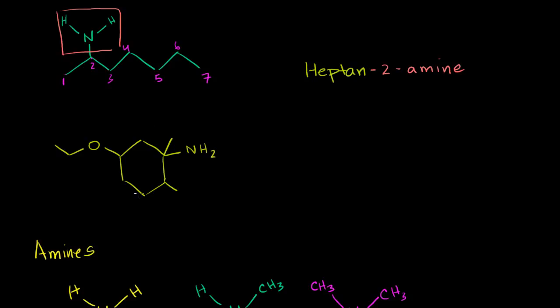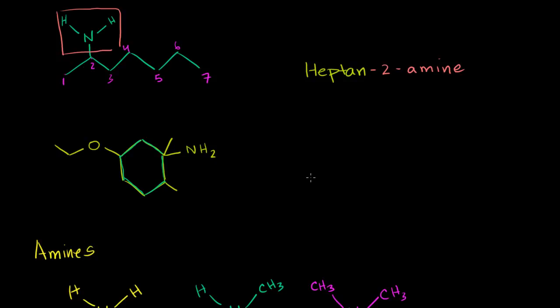This one's a little bit more hairy. First of all, we always want to figure out the longest carbon chain. And it looks like the ring is going to be the longest carbon chain. We have 1, 2, 3, 4, 5, 6 carbons. We only have 1, 2 carbons over here and 1 carbon over there. So our root is going to be cyclohexane.